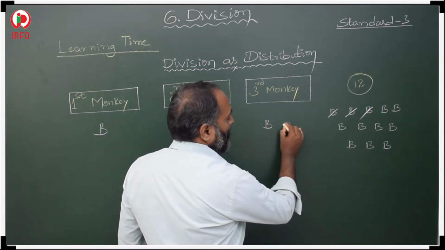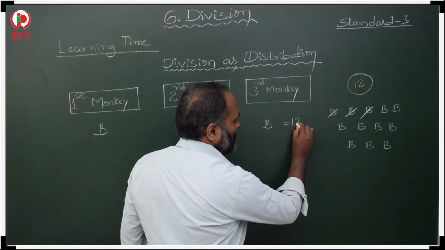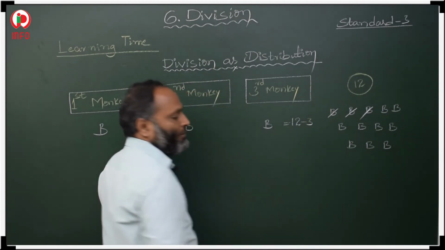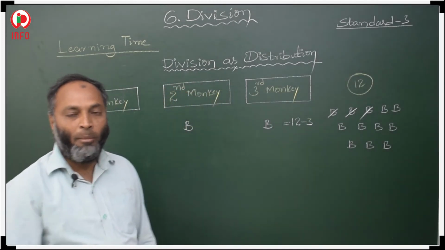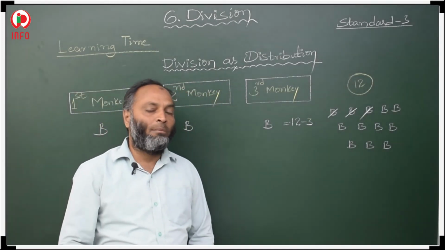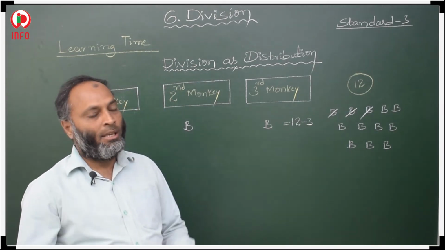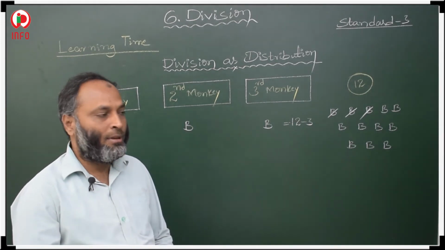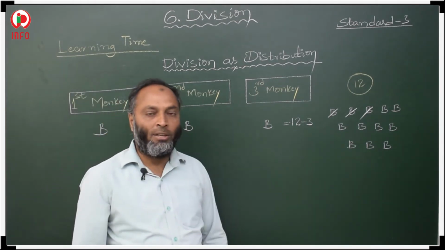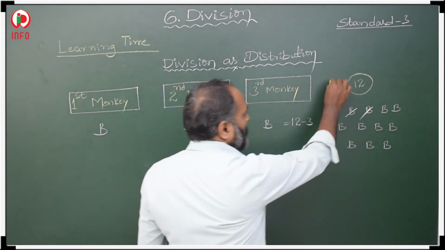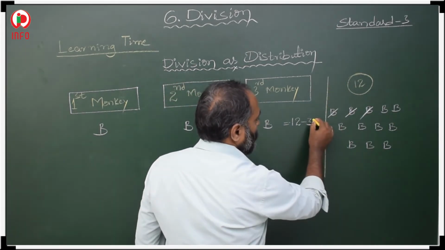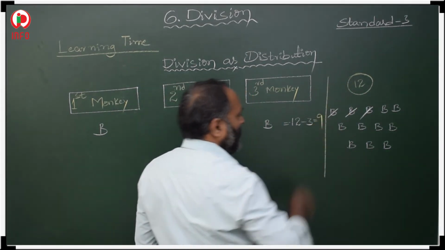It means that in total 12 bananas, 3 bananas we gave. We already distributed 3 bananas. After distributing 3 bananas, how many bananas are left? 12 minus 3, 9 bananas left.